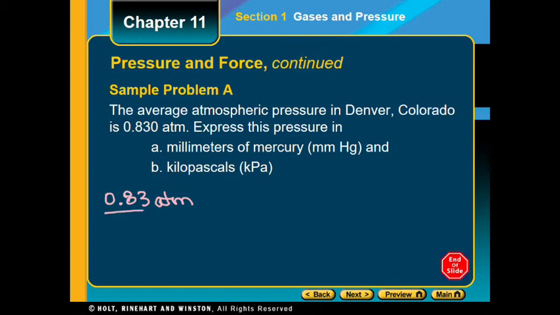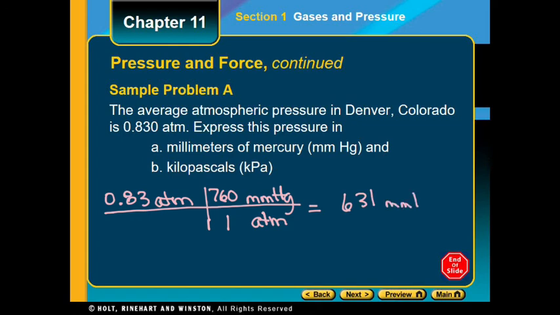These are all one-step conversions that we have right now. Atmospheres can be converted directly to millimeters of mercury based on the graph we just looked at. The number with atmospheres was 1, and the number with millimeters of mercury was 760, because 1 atmosphere does equal 760 millimeters of mercury. So when you work that out, you get 631 millimeters of mercury.